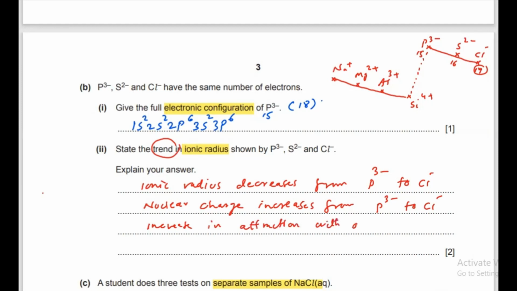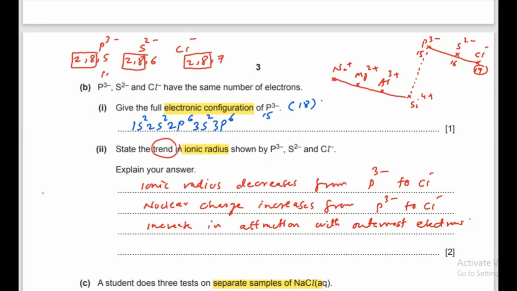As we can see, the shielding electrons are the same for P3 negative, S2 negative and Cl negative. The electronic configuration is 2, 8, 8 in each case, with the atoms being 2, 8, 5, 2, 8, 6 and 2, 8, 7. The electrons lying between the nucleus and the outermost shell are the 10 electrons.